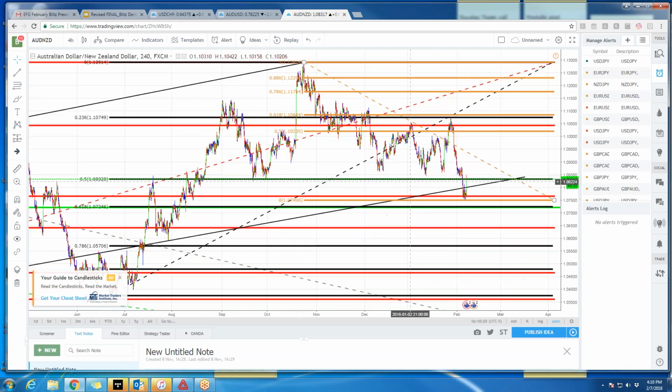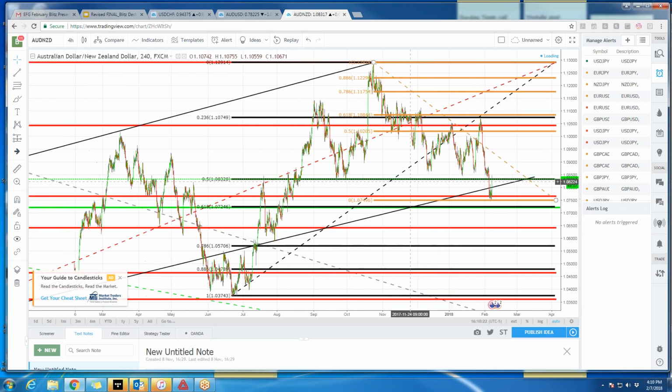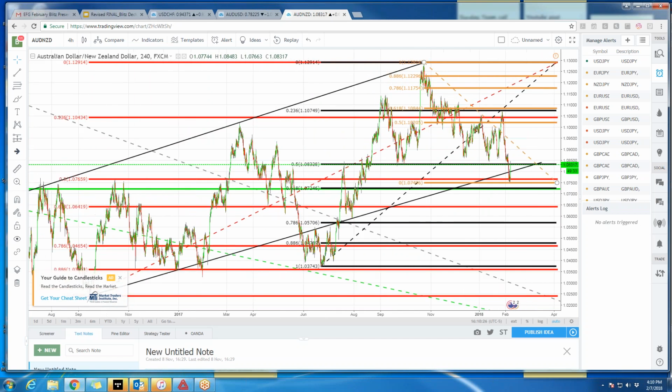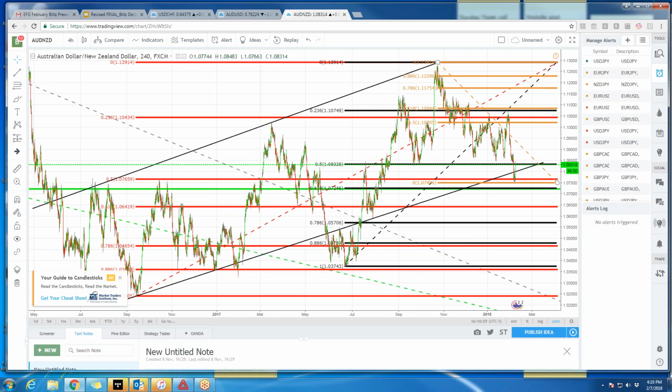So I said it wrong. It looks like their day chart they have as a sell, to drop to 1.05787, which is near the 786, which is a strong zone.